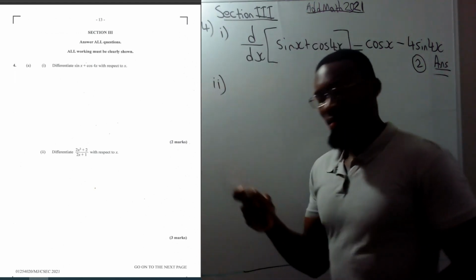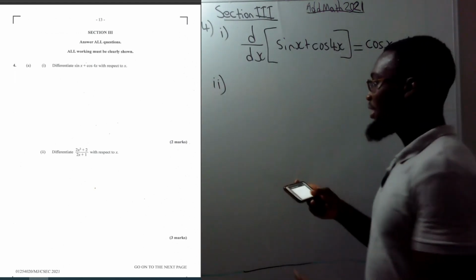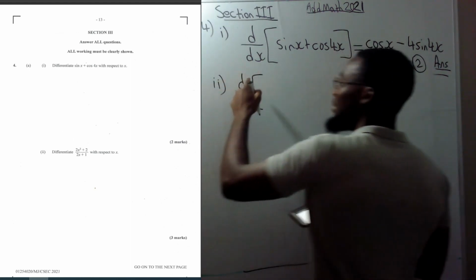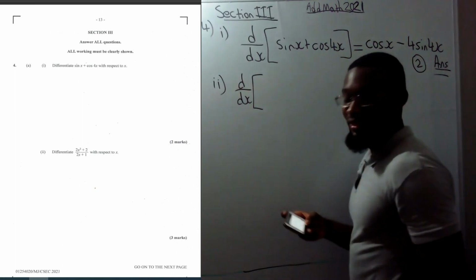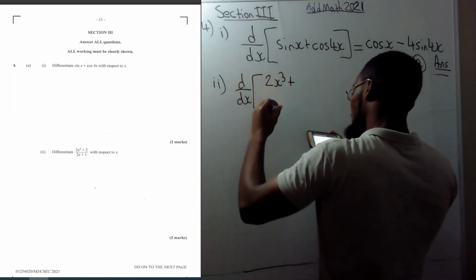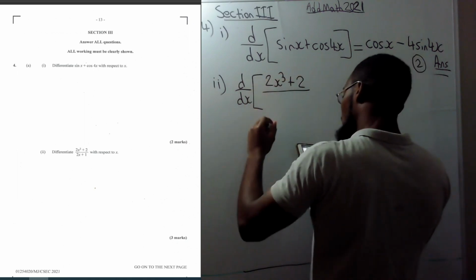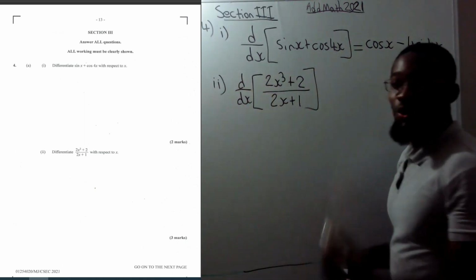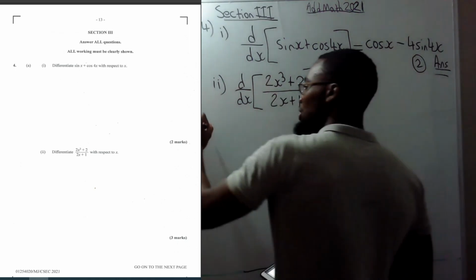Part 2. Part 2 wants you to differentiate this here. We want you to find d by dx. This means the derivative with respect to x of 2x cubed plus 1 over 2x plus 1. Now guys, this is quotient rule. Always remember quotient rule.